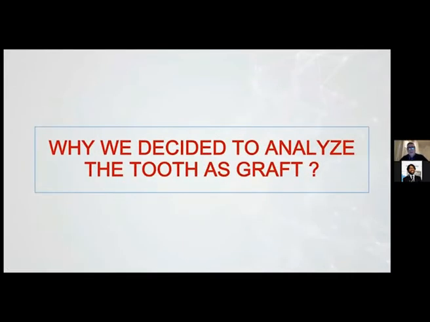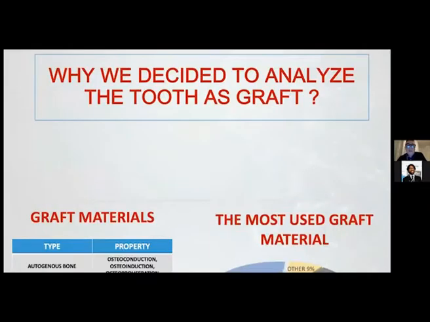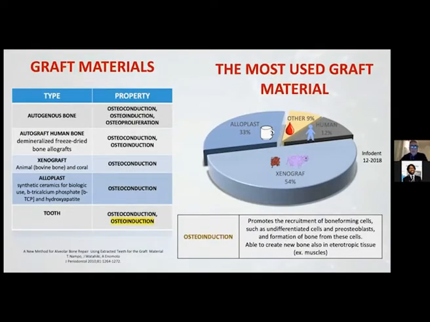Why did we decide to analyze the tooth as a graft? We decided because we know the tooth has two properties: osteoconduction and osteoinduction. What is osteoinduction? Osteoinduction is the ability of a material to stimulate the cells to produce new bone.